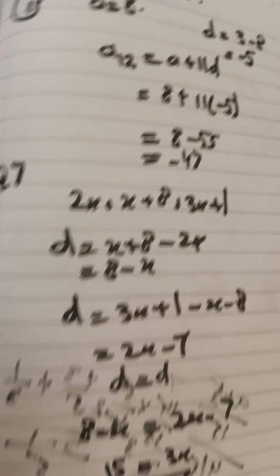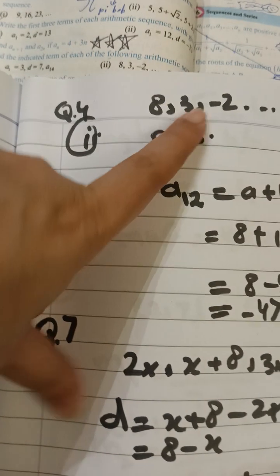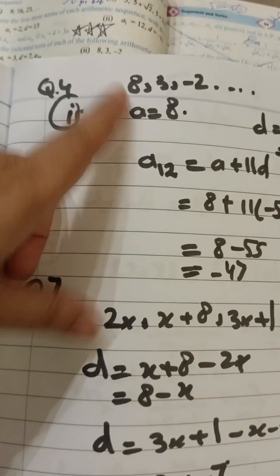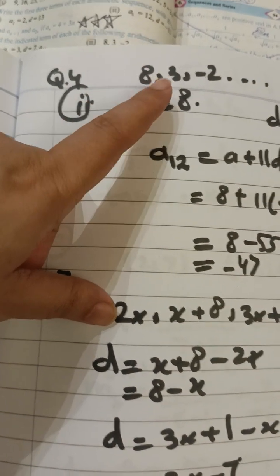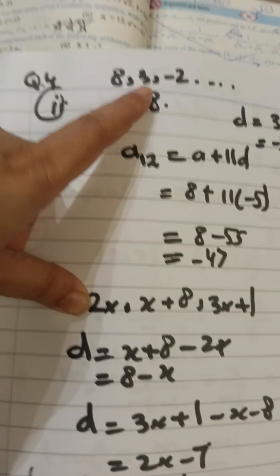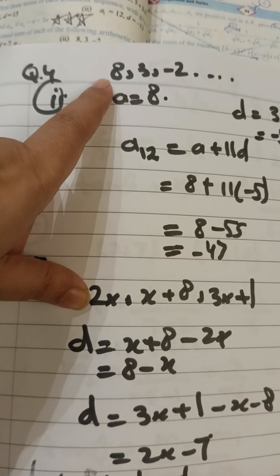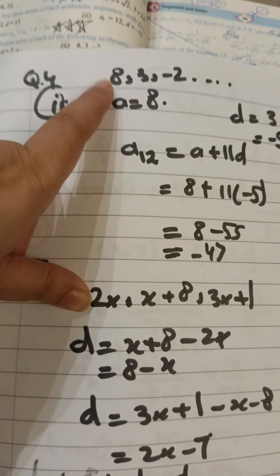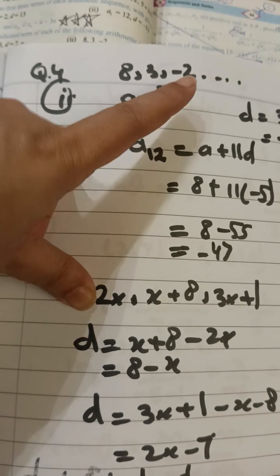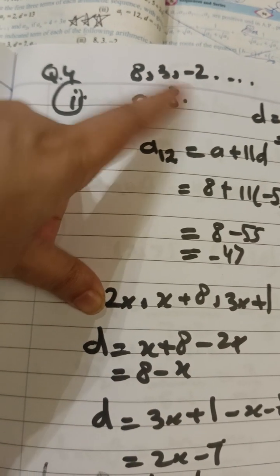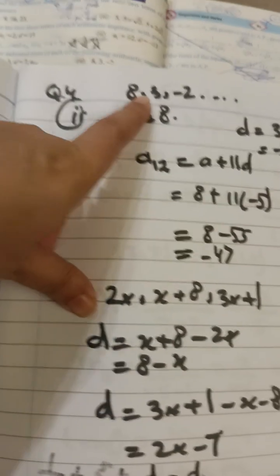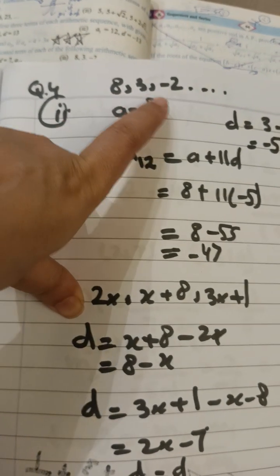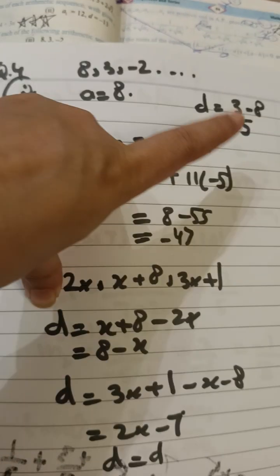And in the next part, the sequence is given. Here a is the first term, and how can we calculate d? By subtracting the first term from the second term, or the second term from the third term. We can subtract 3 minus 8, we will get minus 5.